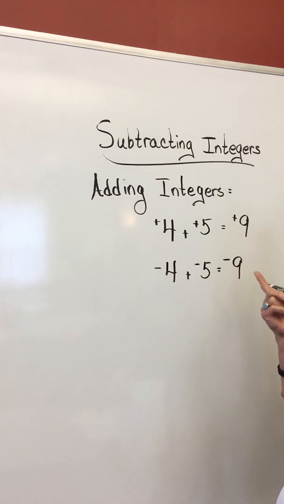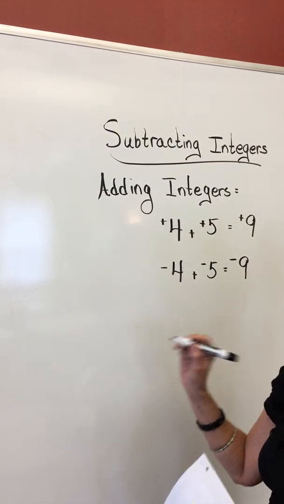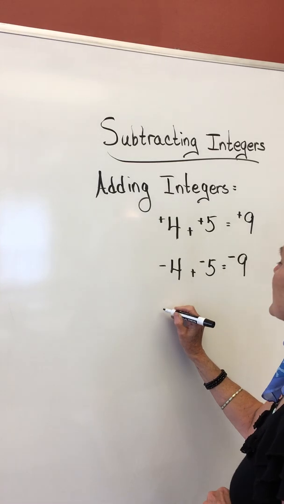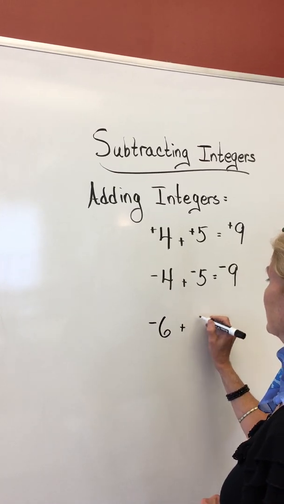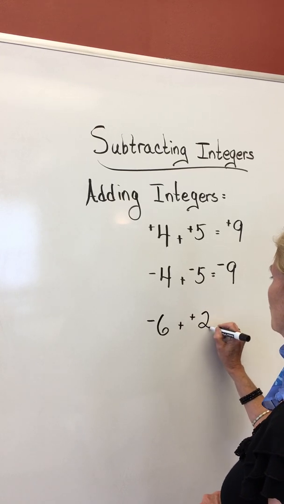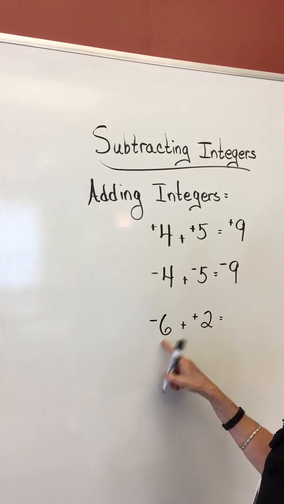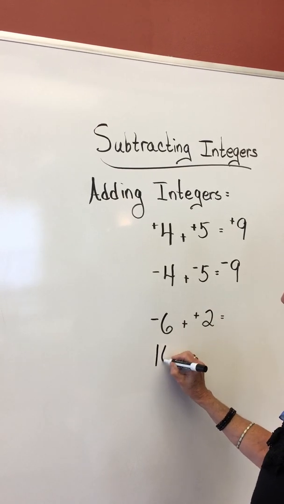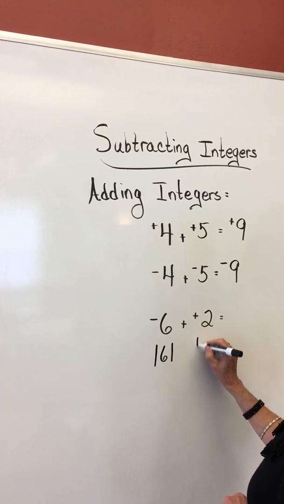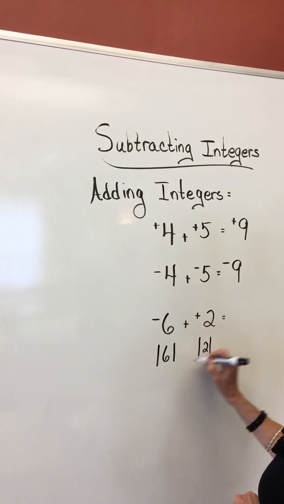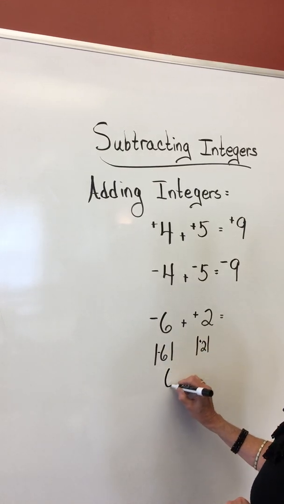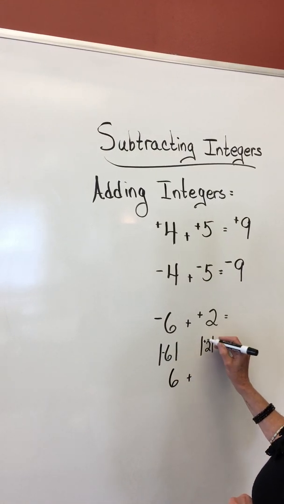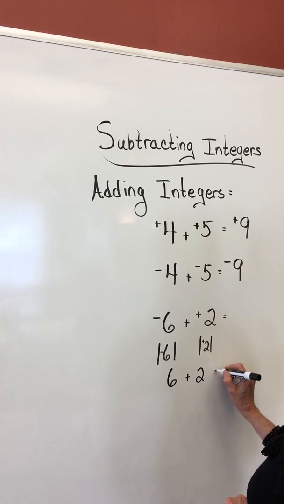But remember in addition, if we had different signs, right? So let's say I have a negative 6 plus a positive 2. Well, we are going to take the absolute value. The absolute value of a negative 6 comes out 6, and the absolute value of a positive 2 comes out 2, right?